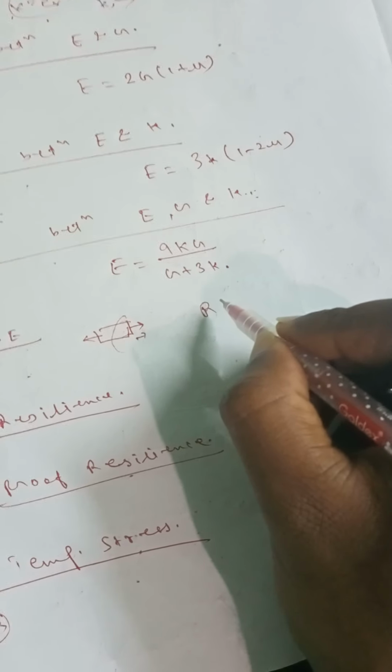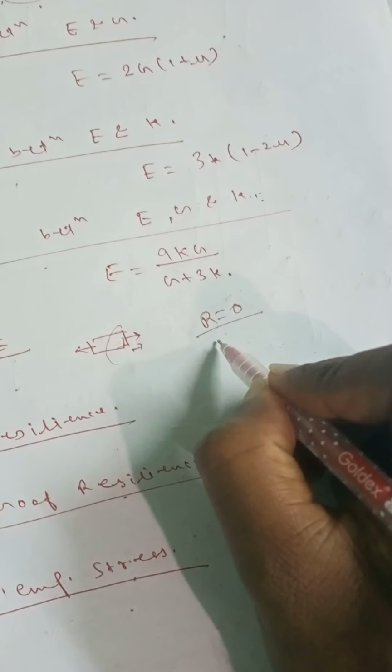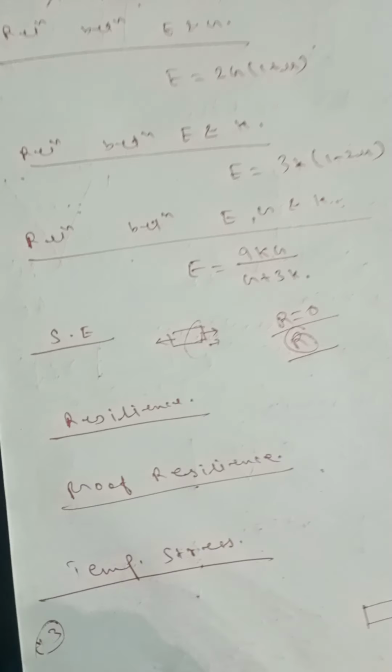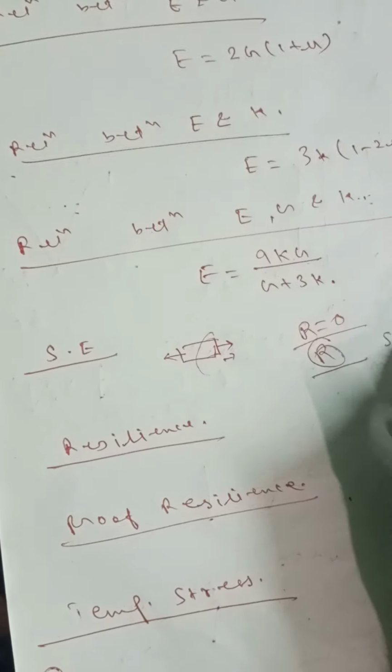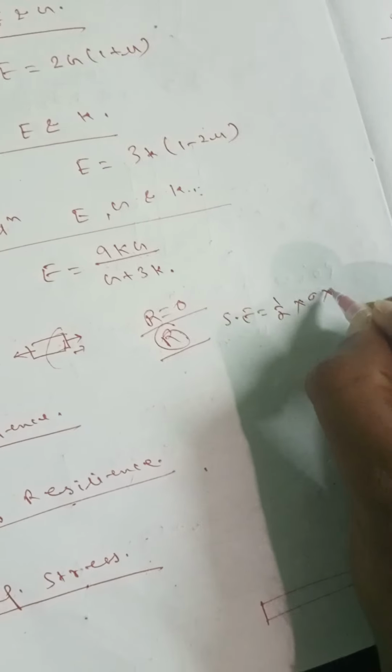If the deformation is zero, then the resistive force will be zero, and if there is some deformation, then obviously there will be some resistive force. So the important formula: strain energy equals half into stress into strain into volume. Okay.